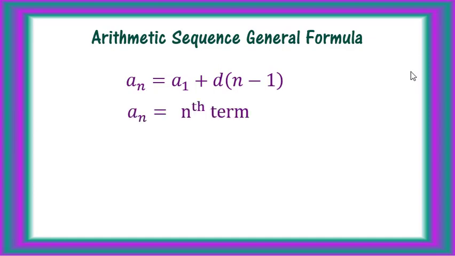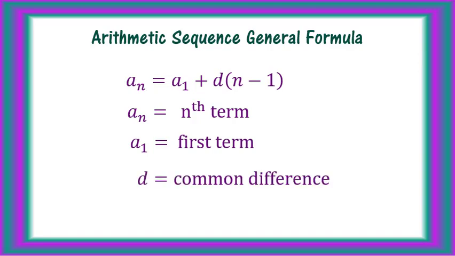A sub n is the nth term in the sequence. A sub 1 is the first term in the sequence. As we just explored in our previous example, d equals the common difference. And n equals the position of the term. Am I the first term in the sequence, second term, third term, fourth term, etc.?